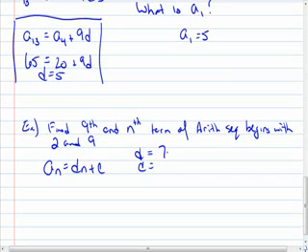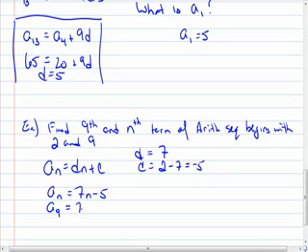7. C is the difference between the first term and the common difference. It's the first term minus the common difference. It is -5. So the nth term is 7n minus 5.